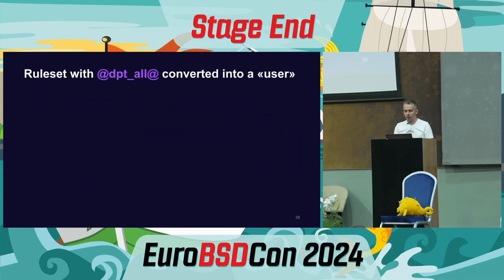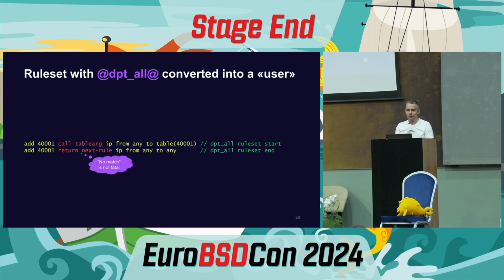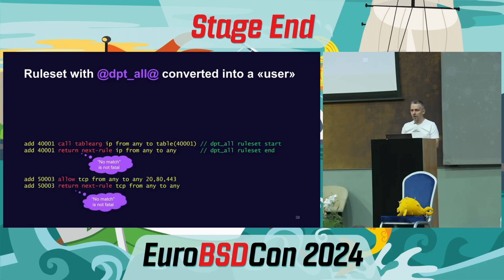Let's take a look at how we do that. First thing, we need to create a rule set for users, including pseudo users. This is a sample rule set for the pseudo user called dpt-all. This is a set of rules that we need for configuring the checking of protocols and ports here.